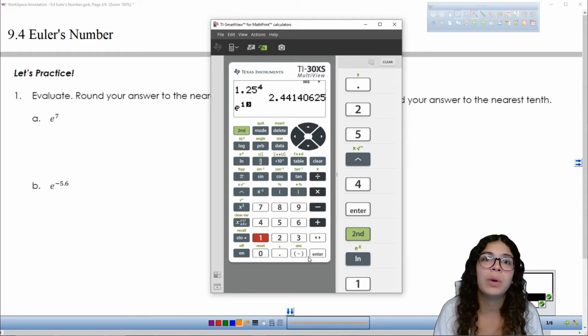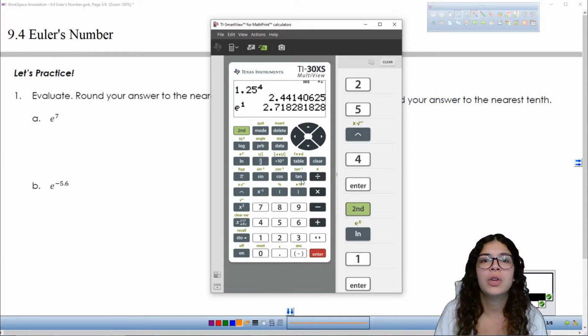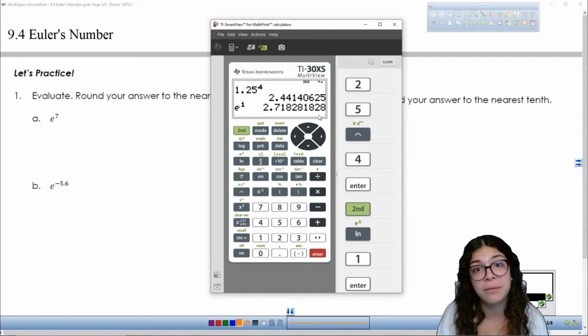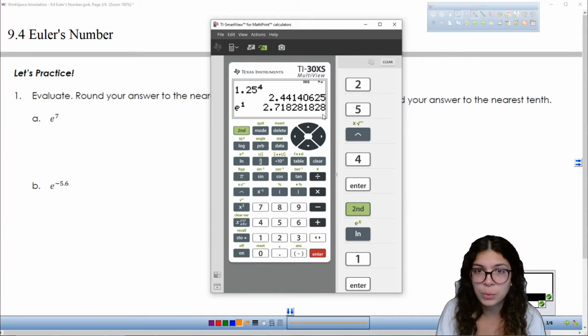Anything to the power of 1 is one copy of that number. So you can see that Euler's number, as much as we can fit on the calculator, is 2.7182811828, and so on and so forth.